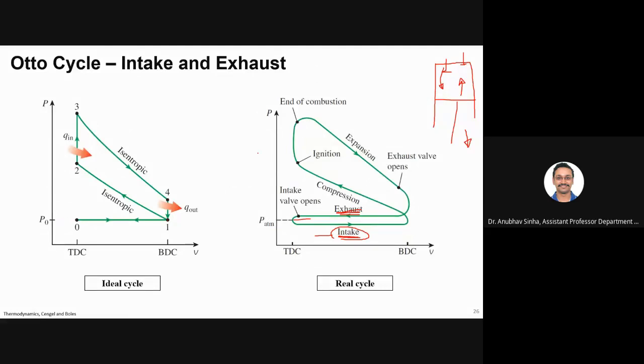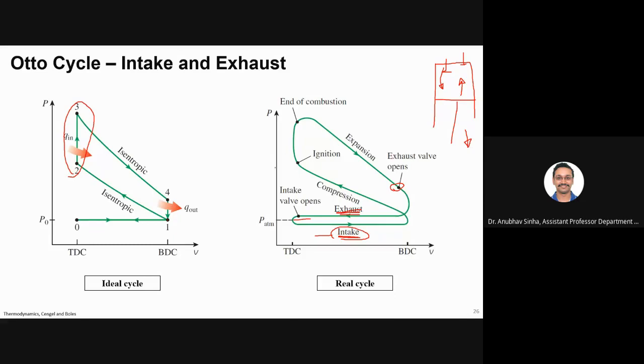Secondly, in an ideal cycle, we assume all ideal processes. So we say that the complete heat transfer is done at constant volume, which is not true for real cycles. In real cycles, you can see that volume is also changing. Here I ignited, this is the end of combustion, and the volume is changing throughout. Similarly, the exhaust valve opens here, so the exhaust starts to happen, which is not true for the ideal cycle.